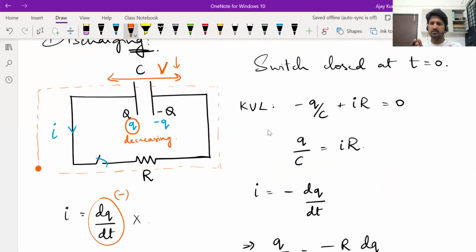The voltage across its plates will decrease. That means the voltage across the resistance will decrease, and therefore the current will decrease. And once the capacitor is completely discharged, meaning once all the minus Q has combined with the plus Q, there is no further charge to get combined. So there won't be any further movement of charge. Current becomes zero. That is what discharging of a capacitor is.